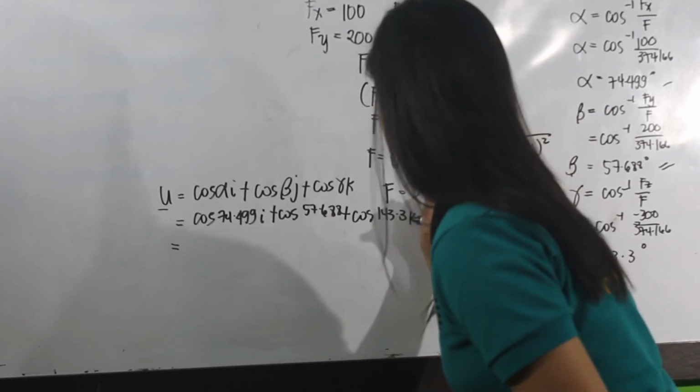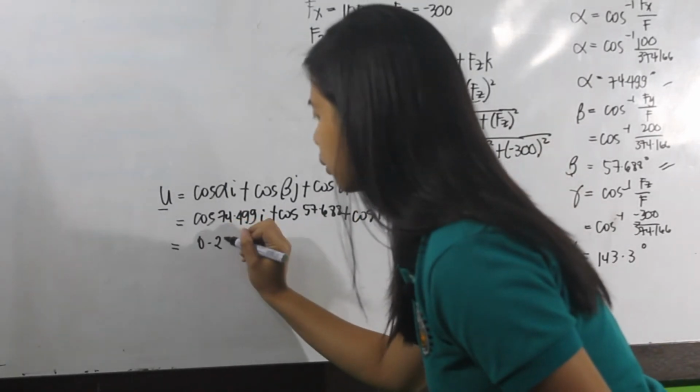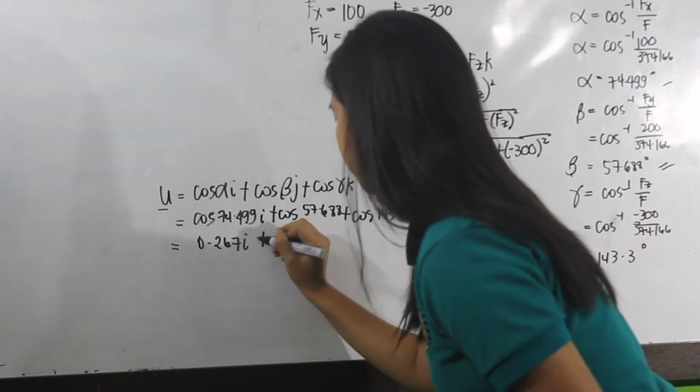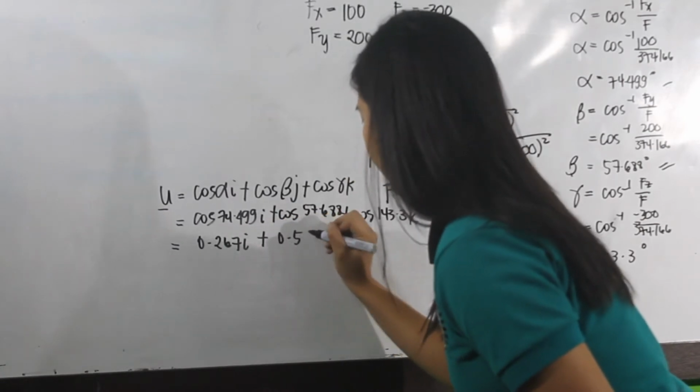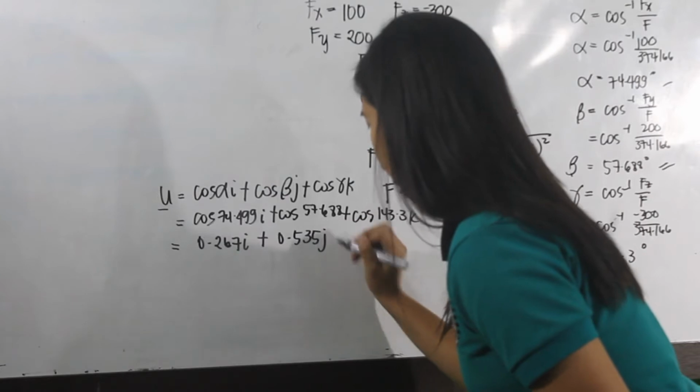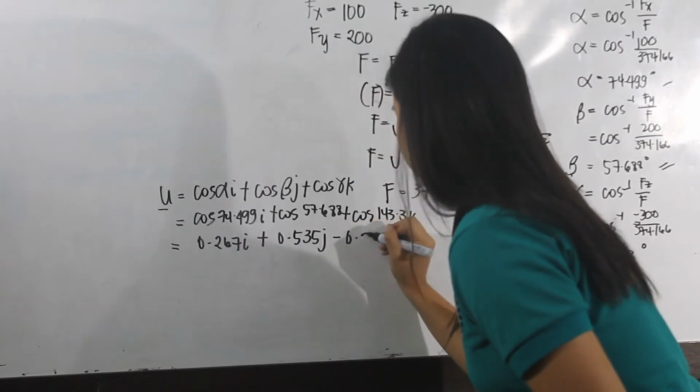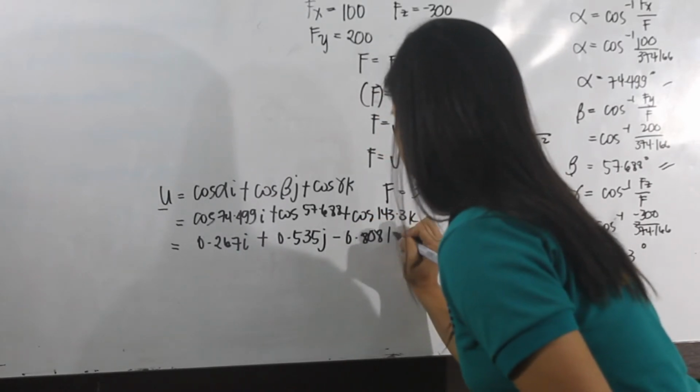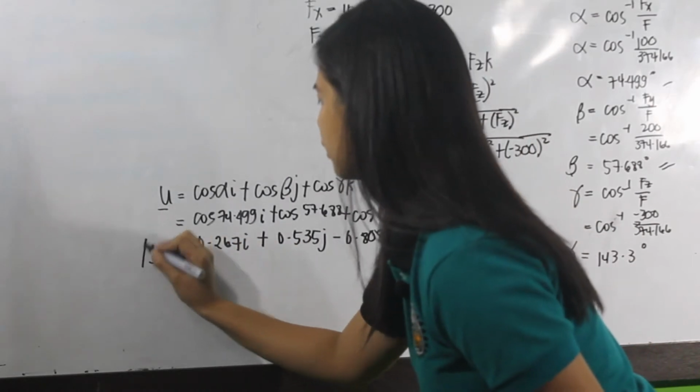That will give us the answer of 0.267i plus 0.535j minus 0.808k.